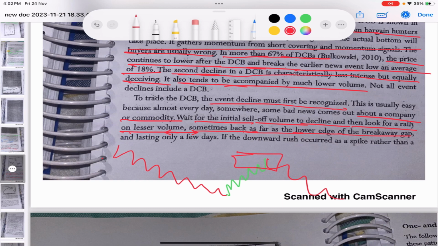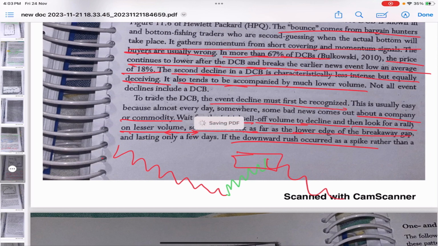So what you have to do, first you have to identify that there has been some bad news in the particular stock, and you wait for a major sell off to go on. You wait for the volume to be very high at the start, but towards the end the volume goes down, and then you wait for a rally, and you enter when you see a favorable signal.